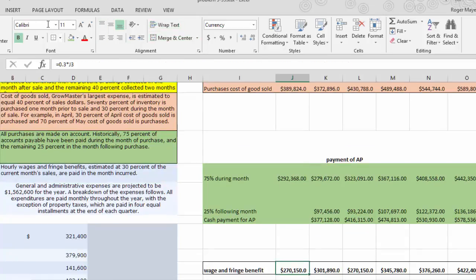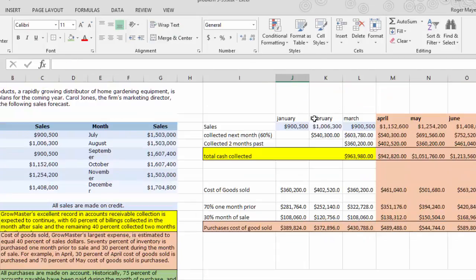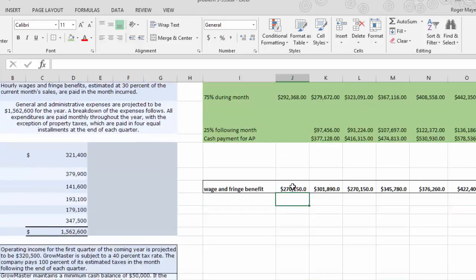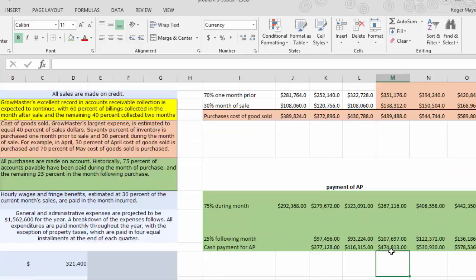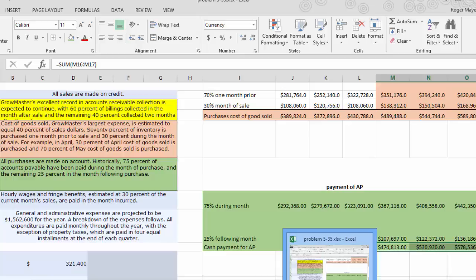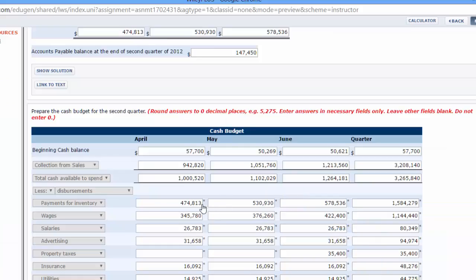Wages and fringe benefits are essentially 30% times our sales, and our sales in January are $900,000, and so forth. Again, we're looking at these three numbers over here, April, May, and June. The wages are given based upon the percentage.